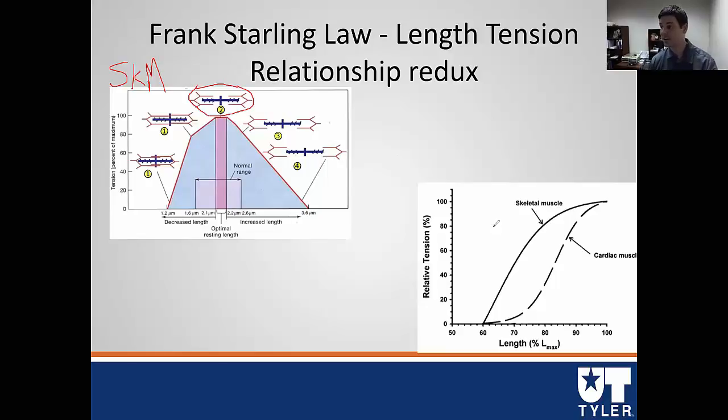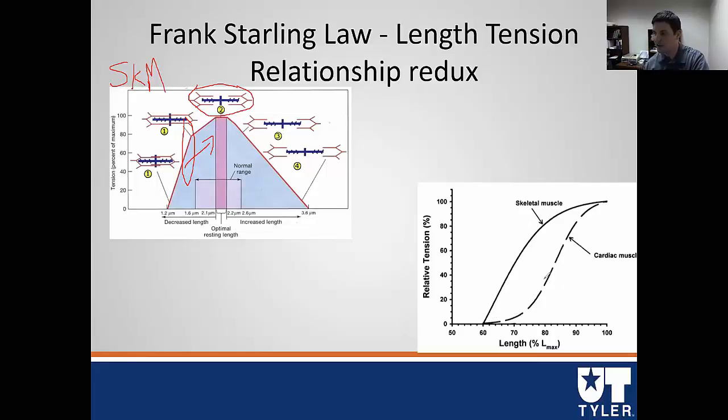Cardiac muscle, on the other hand, is a little bit different in that its normal resting position is actually more, if you think about it in terms of curves, more on this side of the curve, right? So as preload increases, we get closer to that optimal length in order to develop the most force based on actin and myosin cross-bridge cycling, right? And you can see that, and the heart is very well positioned.